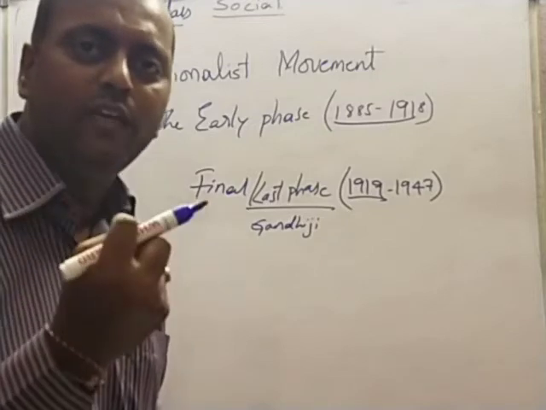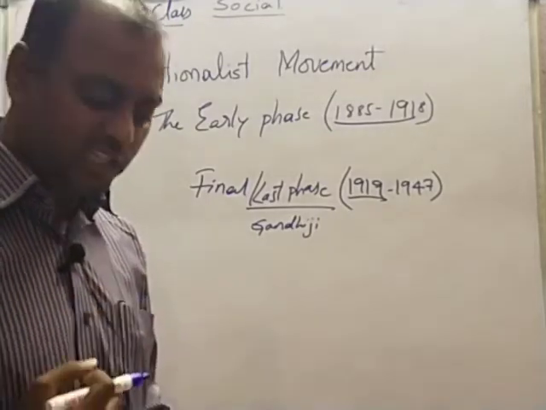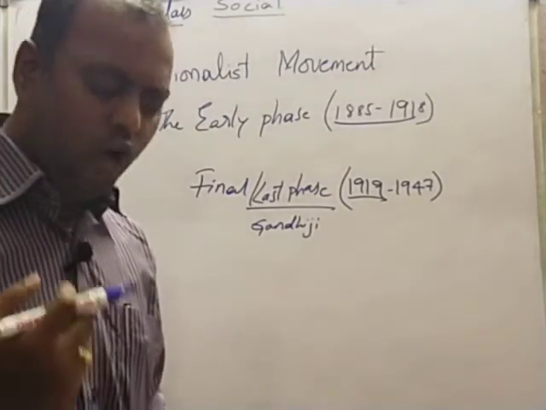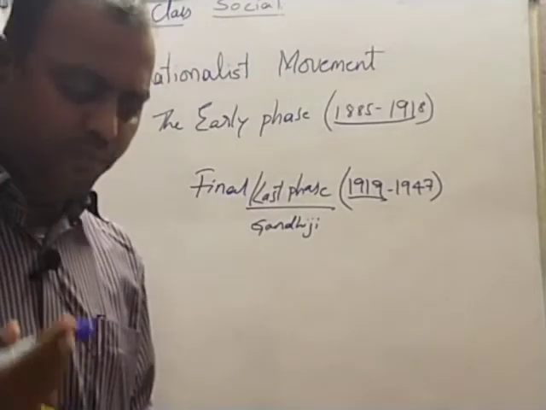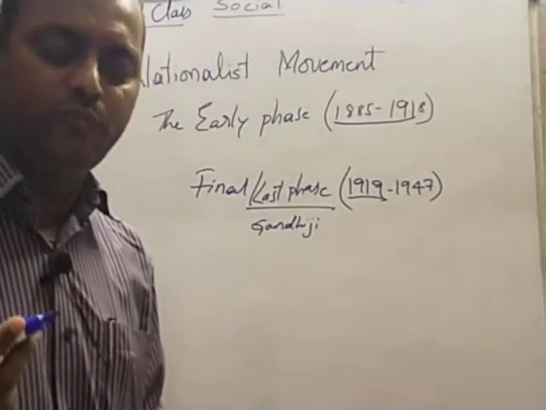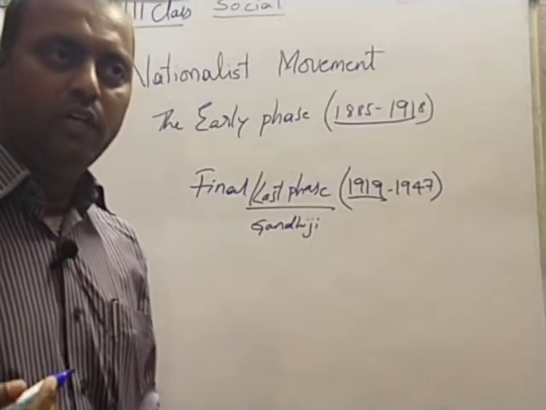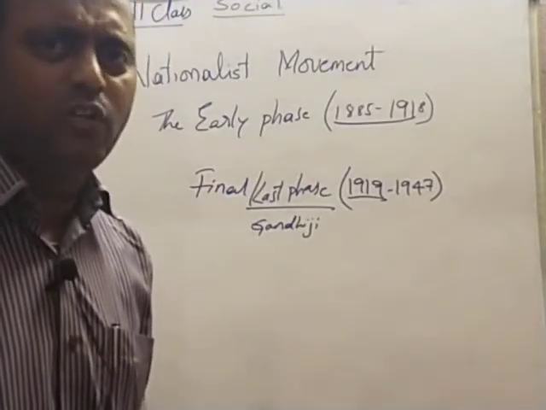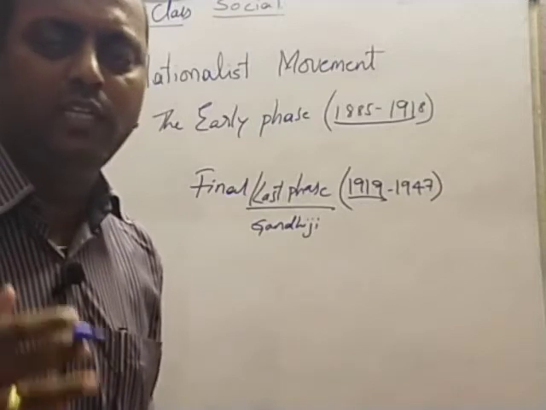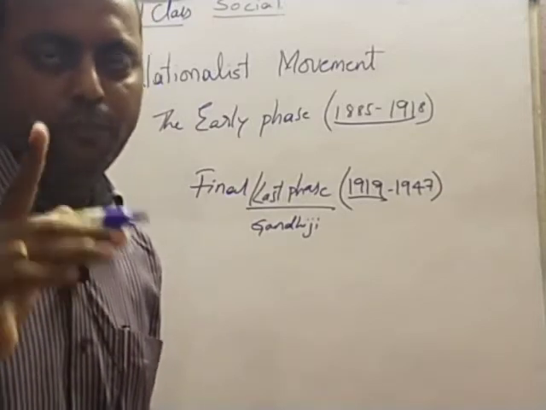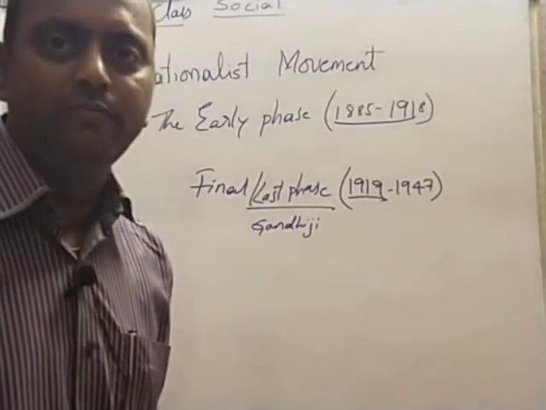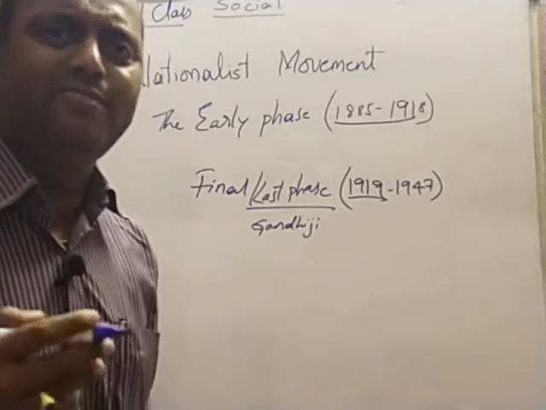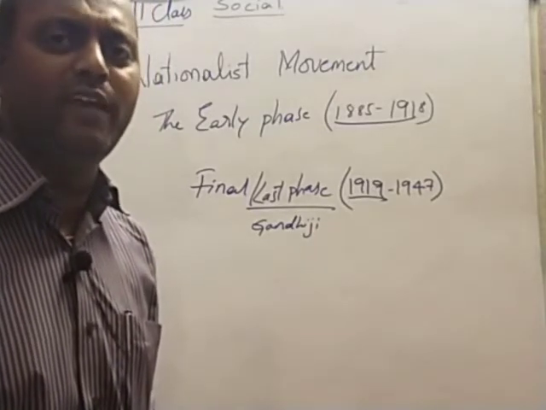That feeling came up with this nationalist movement. All these sections came together to fight not only against the British rule, but also to build a new India. Their purpose was not only to send out the Britishers from the country, but to build a modern India. So let us find out how this early phase got started.